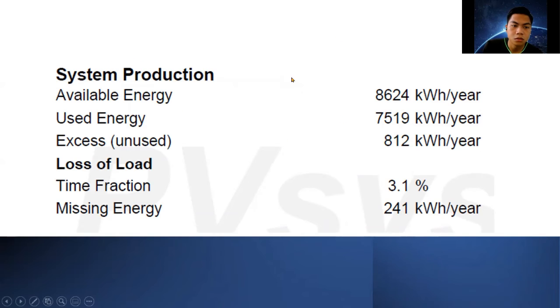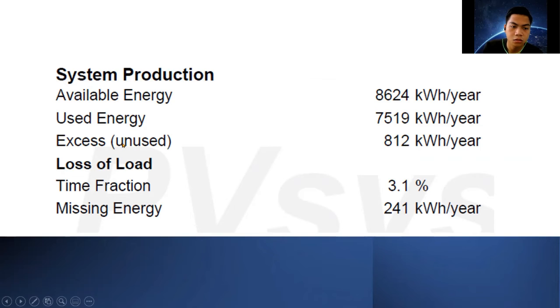So this is the system production that we got from the simulation. The available energy regenerated is 8k kilowatt hours per year, and the house just uses 7.5k kilowatt hours per year.